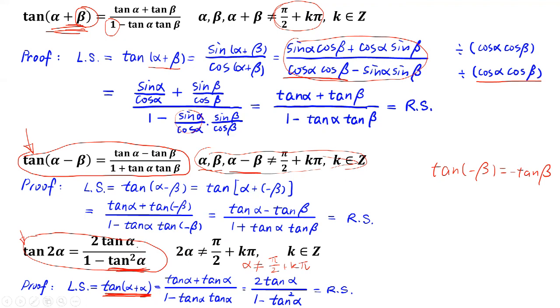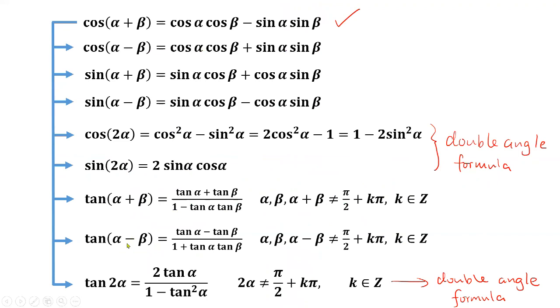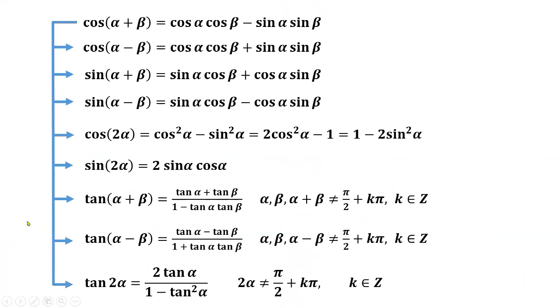Okay, and in this way we have proved all the compound angle formulas and double angle formulas. And again, please have a look at them. If you haven't, write them down in your notebook. This is a time for you to summarize and write them down.